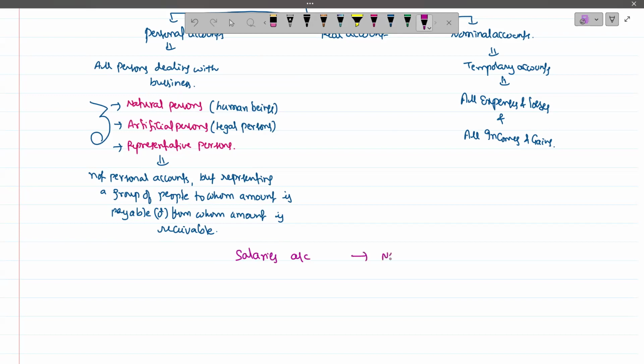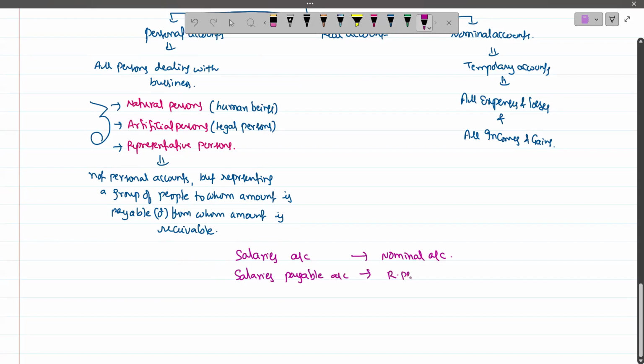salaries account is a nominal account, but salaries payable is a representative personal account.